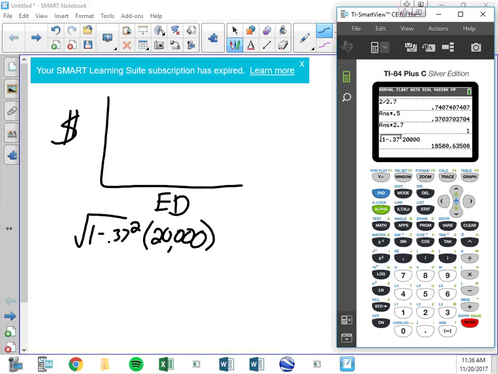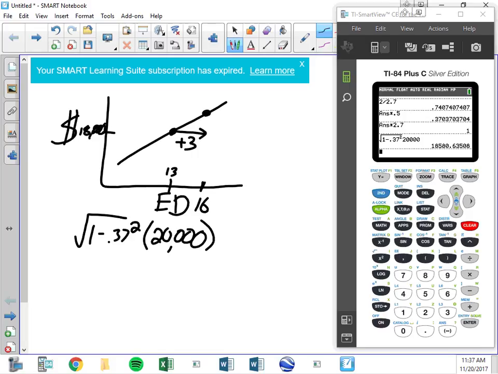Predict the income of a woman with 16 years of education. So the average right here is 13 years and $18,000. A woman with 16 years of education is plus 3. What do we do with that number? Divide it by the SD.